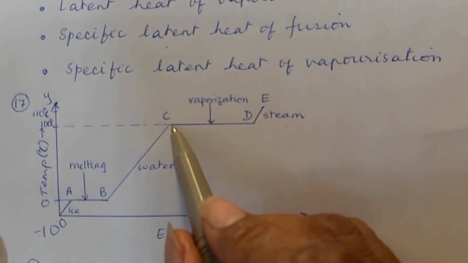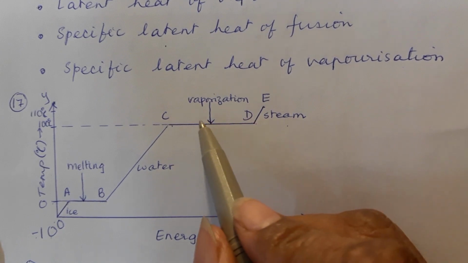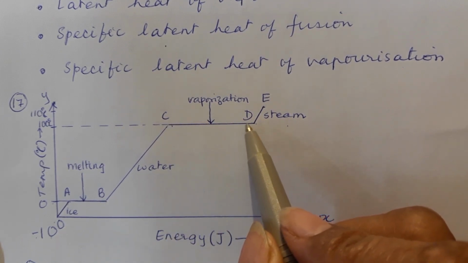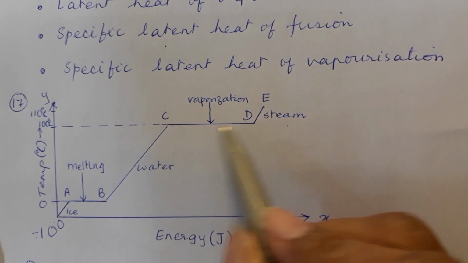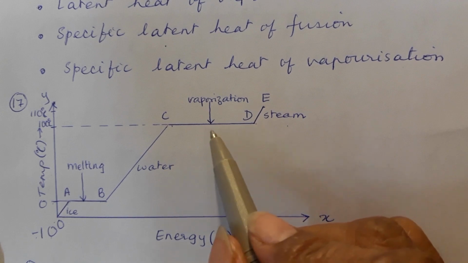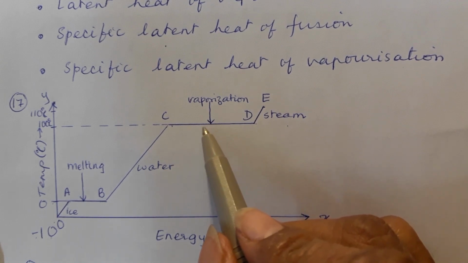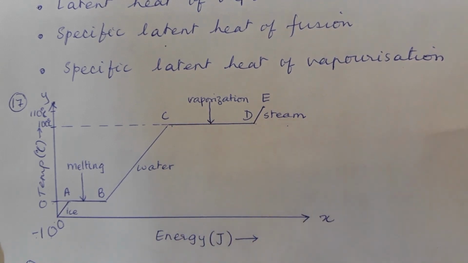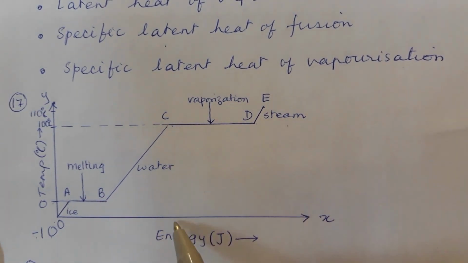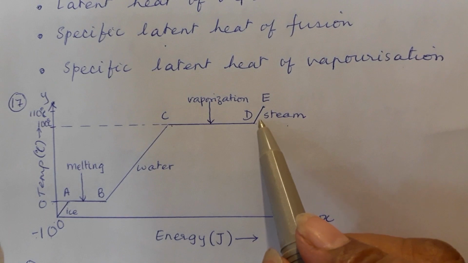Now, between C and D, where we have a liquid becoming a vapor, and so the intermolecular bonds are totally broken off, and so the potential energy increases to a large extent, and so from C to D you will see a large amount of energy is required.